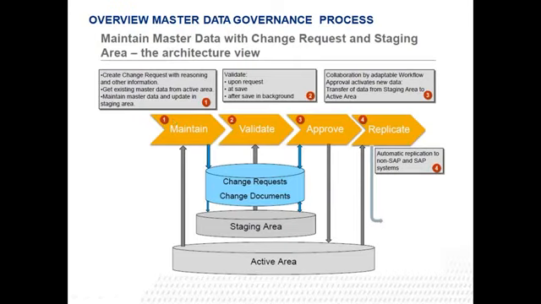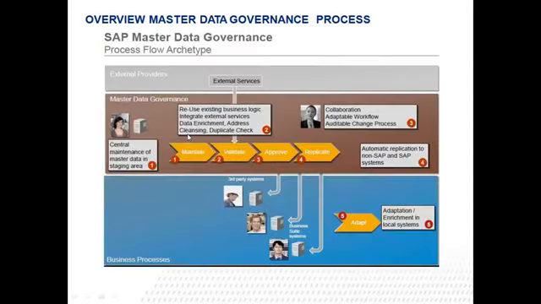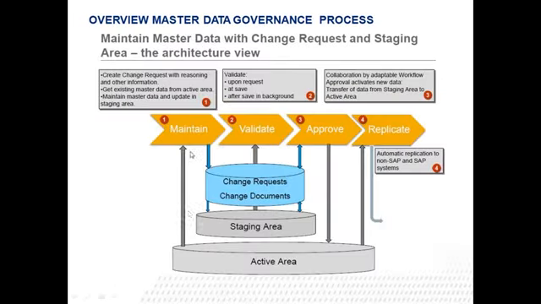How the data gets committed and how the data will be retrieved, all this can be understood in this slide. So for example, the first step in this process is Maintain. When we are maintaining a record or updating any existing master data record, first I retrieve my record from the active area.